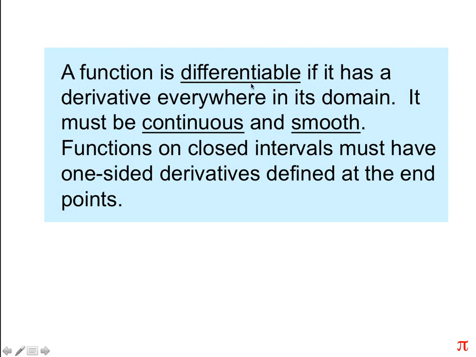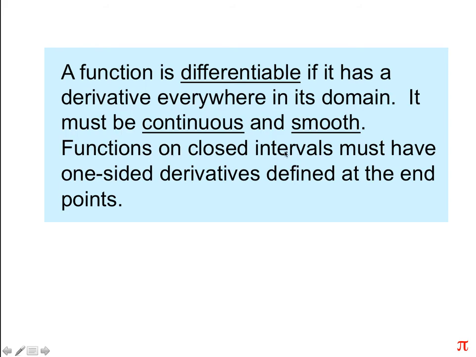So a function is differentiable, in other words, we can do this process and find the derivative, if it has a derivative everywhere in its domain. So we have to have continuous and smooth functions in order to take the derivative, in order to do that limit method. So continuous and smooth, we have to figure out what that means.